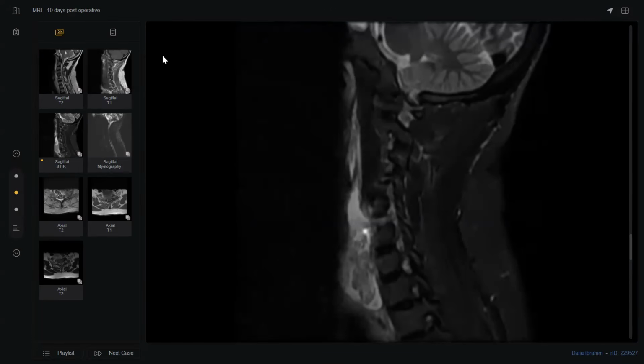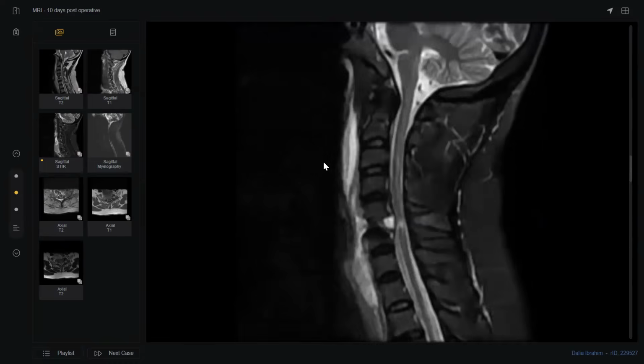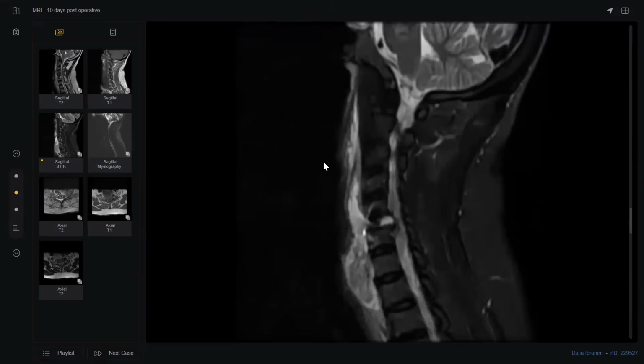This appears to extend from the posterior at the site of surgical changes, most likely a post-operative collection. I would also look at T1 images to see if there is any hyperintensity to rule out bleed, post-operative hematoma.